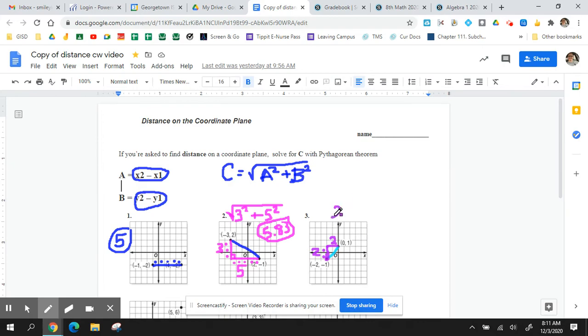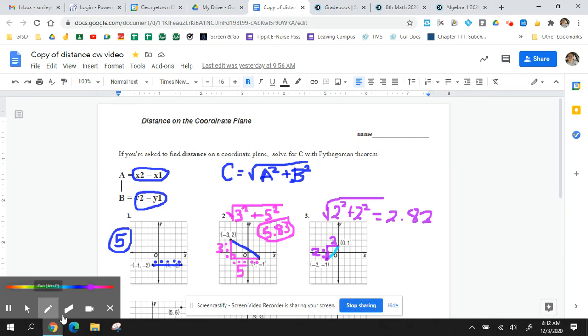So I'm going to have the square root of 2 squared plus 2 squared. Let me put it in the calculator, and that gives 2.82. That's our answer for this one.